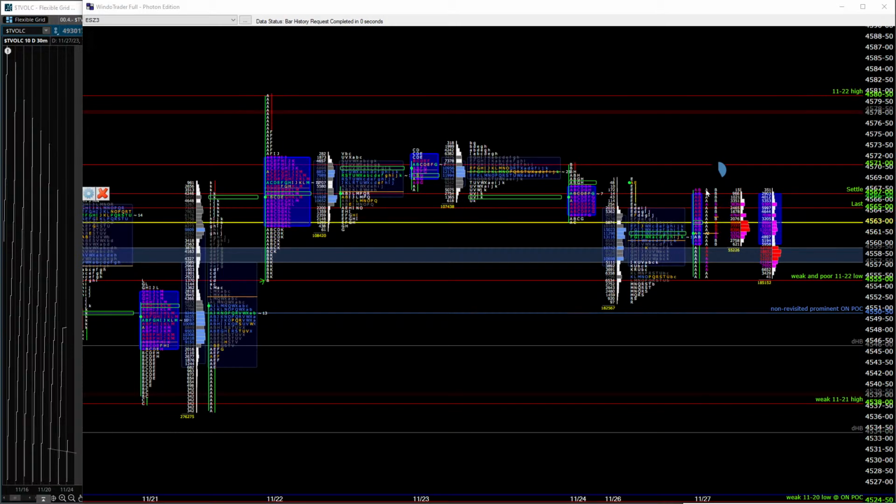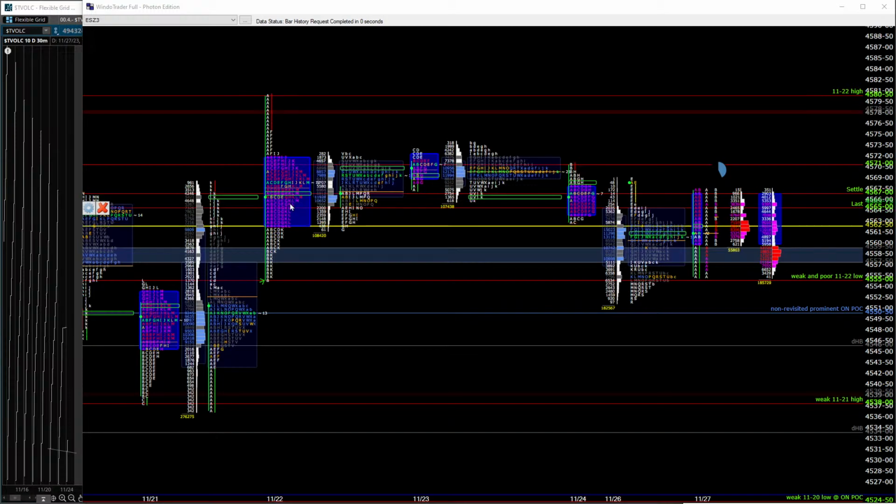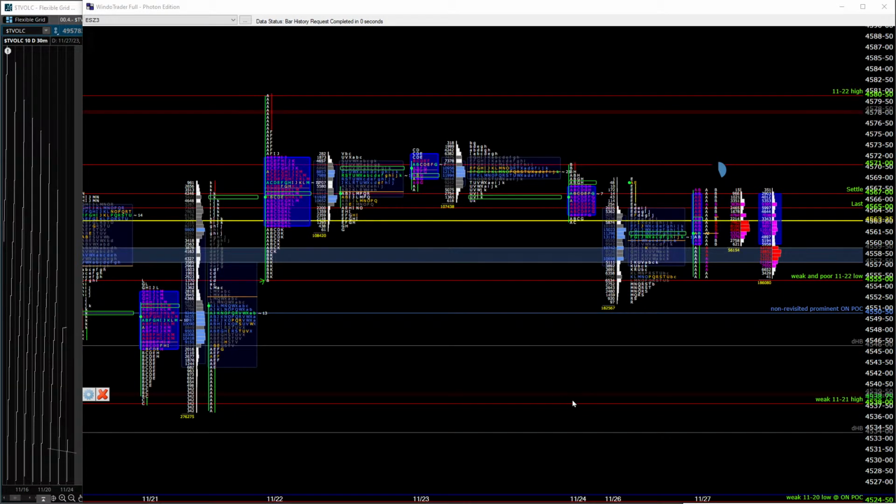Now, this high is super weak now, right? This is no good. It's still an inside day. What happens in inside days? We may have chop, right? And the odds of chop or rotation increase when we open inside the previous day range. The closer to the center, the higher the odds of chop and rotation.